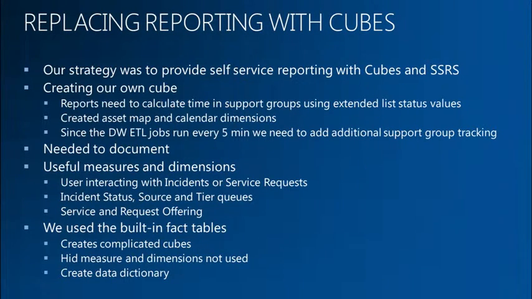That allows us to produce reports on, as an SR came in, what's the average time in Tier 1, what's the average time in Tier 2, et cetera. And we have lots of different groups. We do use the built-in measures and dimensions. We added a few based on our extended statuses and extended tier queues, but we basically use the built-in measures and dimensions, and the fact tables that are built in are all pretty straightforward.